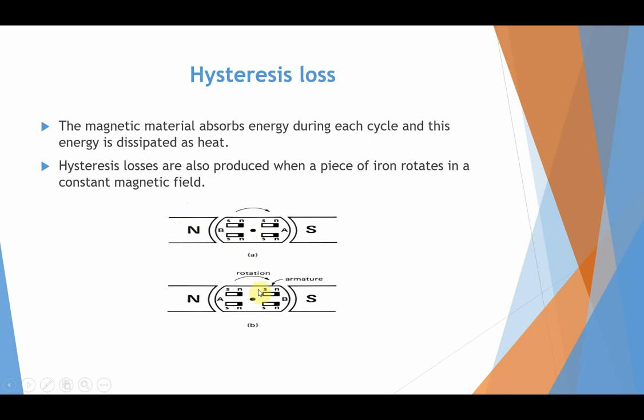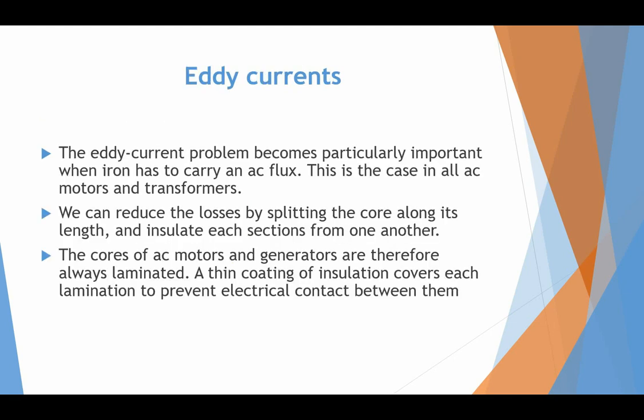In a second rotation, the armature magnetic field changes, that is, it changes from north to south, and from south to north. In this way, the magnetic material absorbs energy, and this energy is dissipated as heat, and due to this we have losses, which we denote as hysteresis losses.